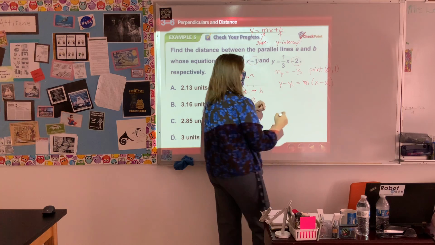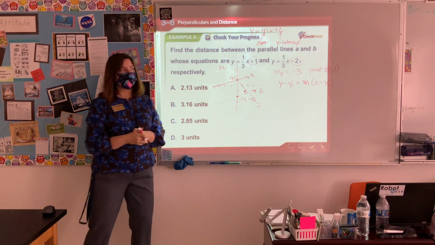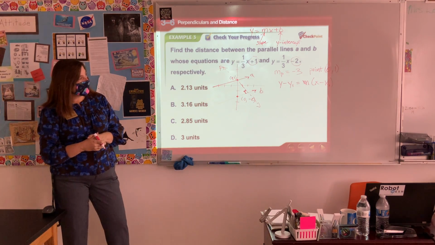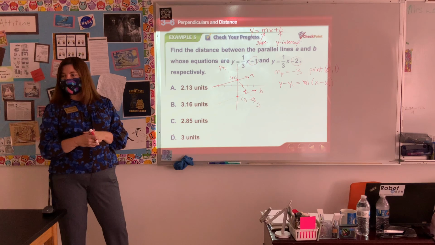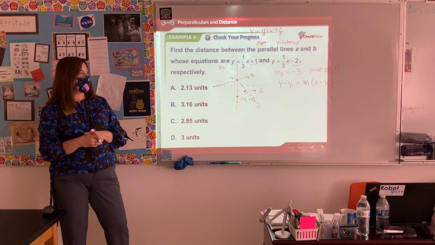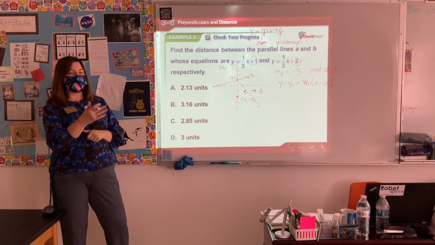Why do you have to do all that if the intercept is right there? The x is 0. You're right, you could do it that way. She's saying this is unnecessary work.